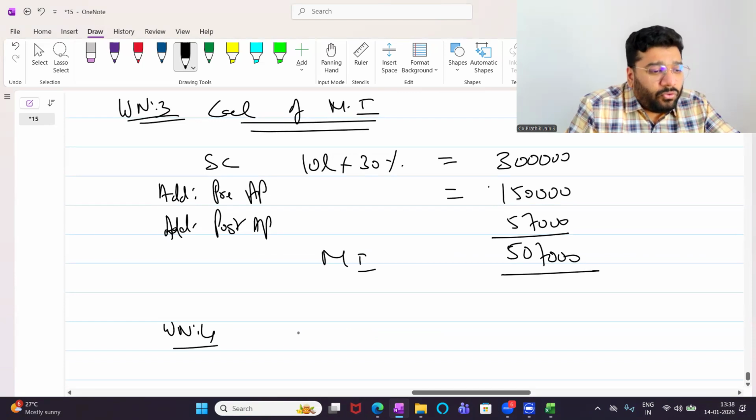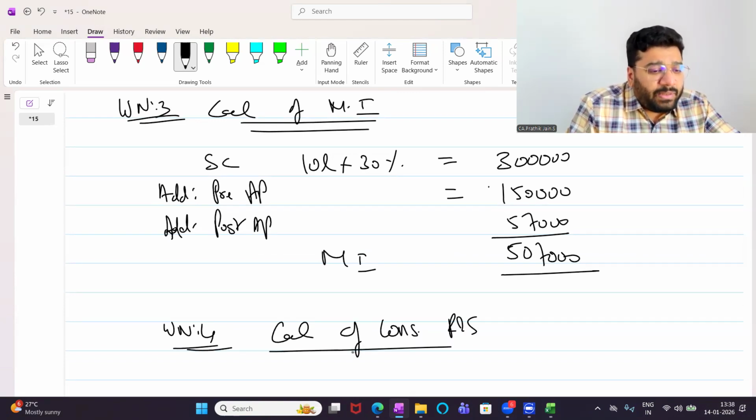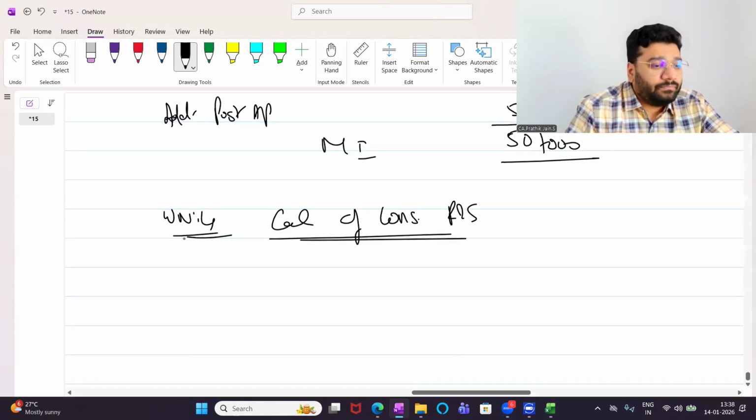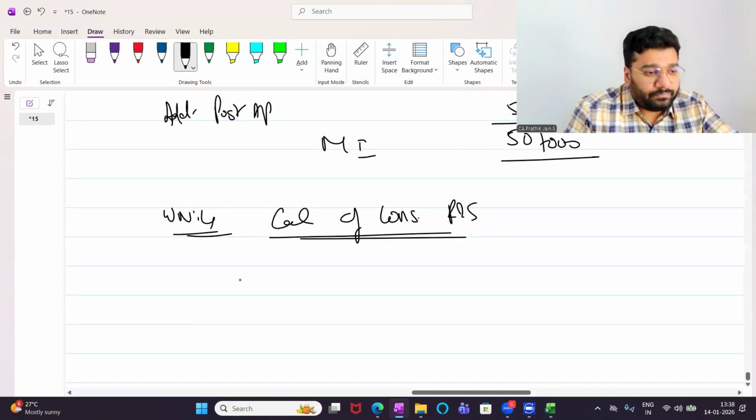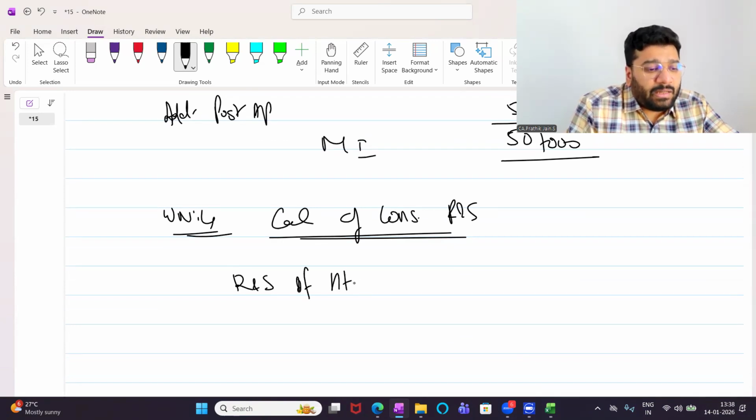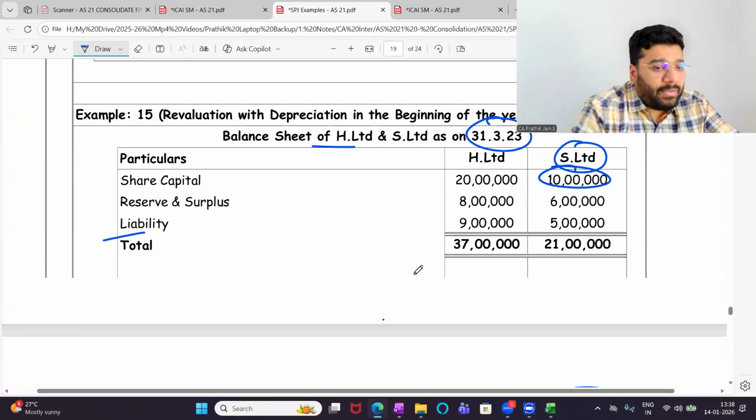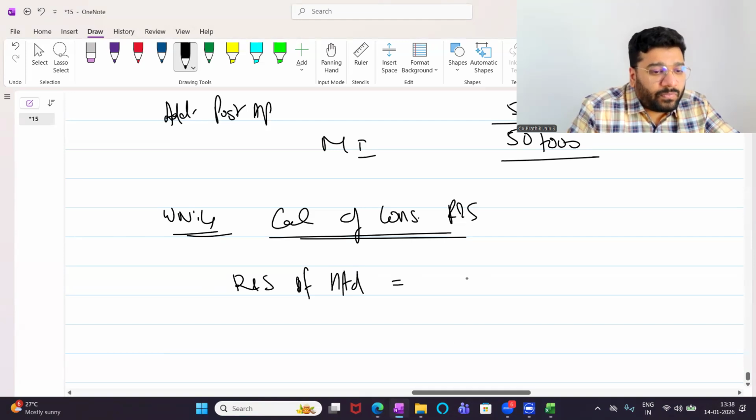Working note number 4. Calculation of consolidated reserve and surplus. Reserve and surplus of H Limited is how much? So 8 lakh. With that, I can only add the post profit of S Limited.